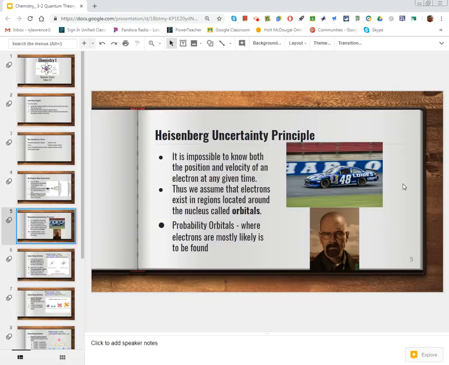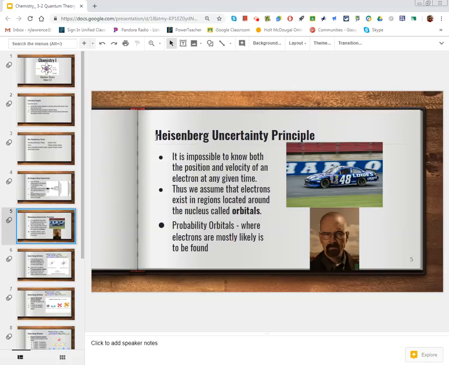Or in the opposite, if I want to calculate the speed of the car, or if I want to calculate the speed of an electron, I have to forfeit my right to know the position of where it's at and where it's going. This is a confusing idea for some of us to grasp, but it's been proven true.